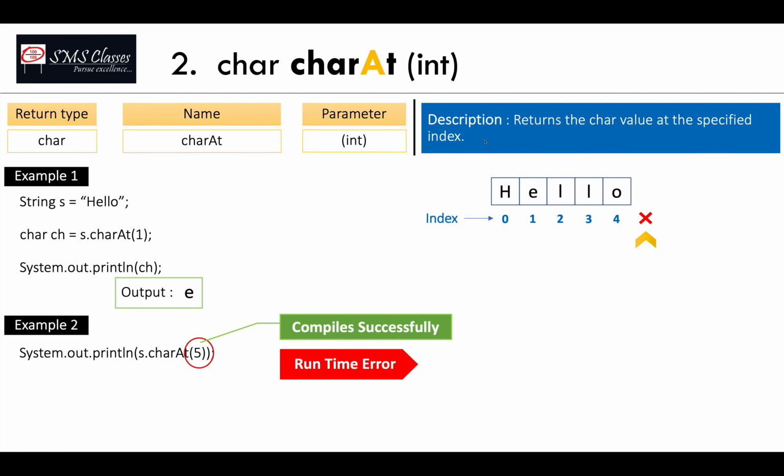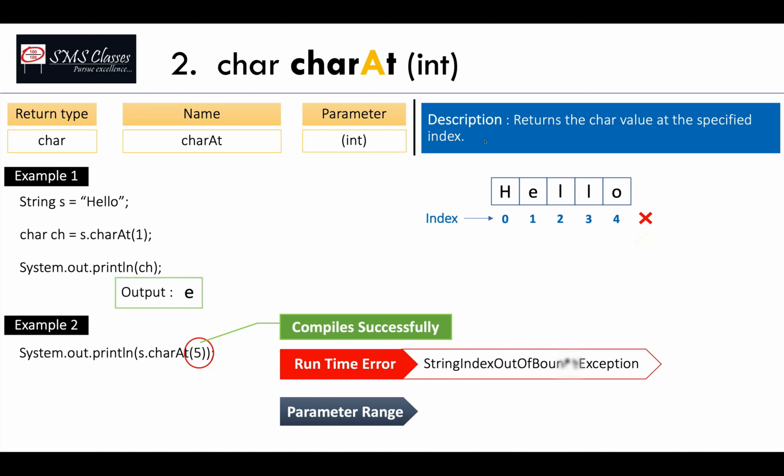But at runtime, it realizes there is no index called 5, so it throws an error called StringIndexOutOfBoundsException. The range of the parameter should typically be 0 to 4 in this case. It is 0 to length minus 1. That is, whatever the string length is, from 0 to length minus 1, we can give as the parameter. If you give a negative number or anything beyond the size of the string, you will get a runtime exception.